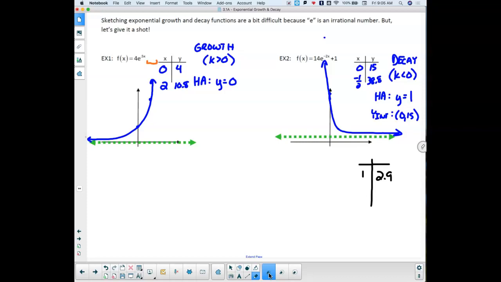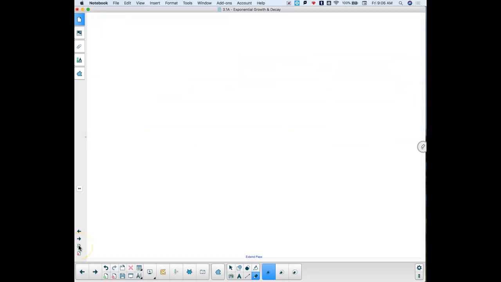Love it. If you could dig out yesterday's, I just want to quickly go over, because we've got some spare time, what those 6 graphs should have looked like on the top of the back side of the page.